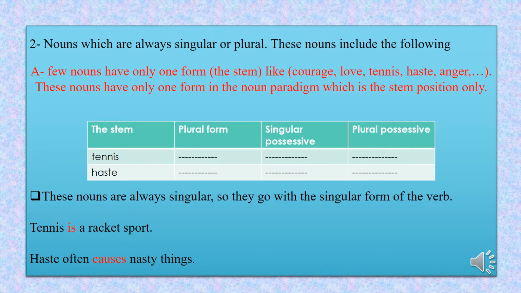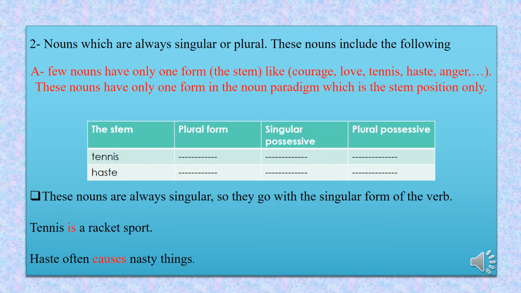Haste is another noun. It has only the stem form. Haste is the stem. We do not have a plural form, singular possessive or plural possessive forms. So the noun paradigm of haste is only haste in the stem position.